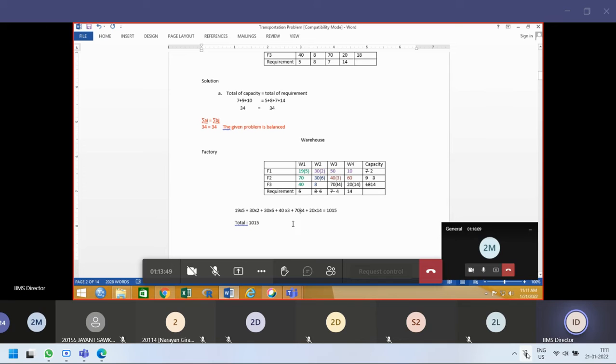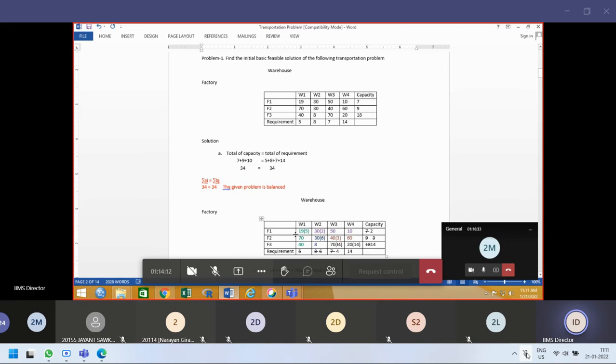This is the total transportation cost if I apply this technique to transport goods from a factory to the warehouse or warehouse to the factory. So this much cost will be incurred, either in rupees or time, as I already said. So this is the very simple northwest corner rule method.